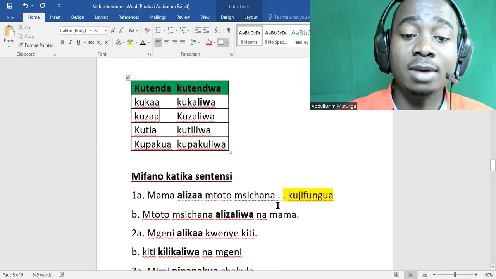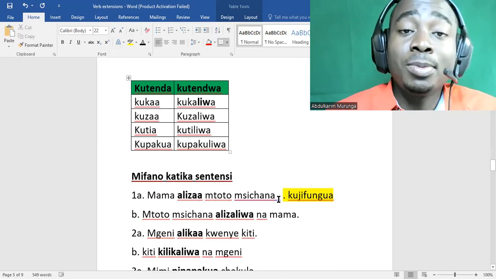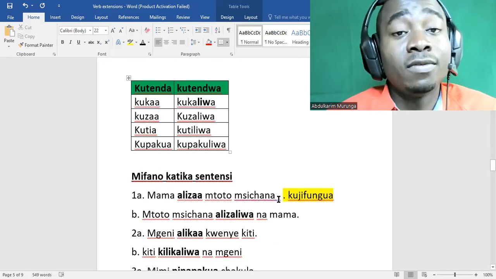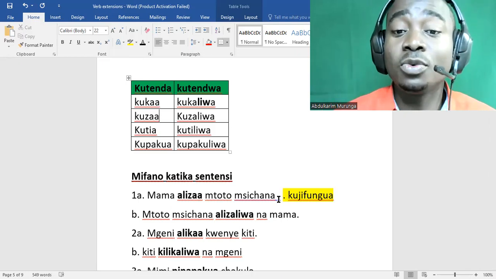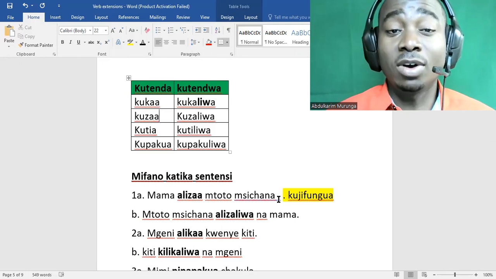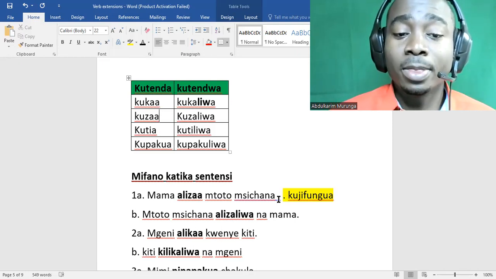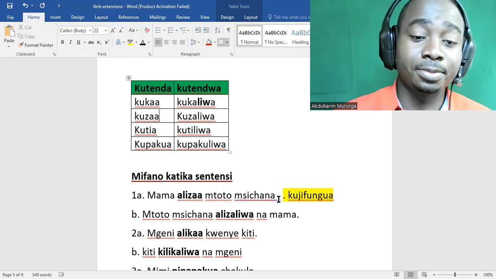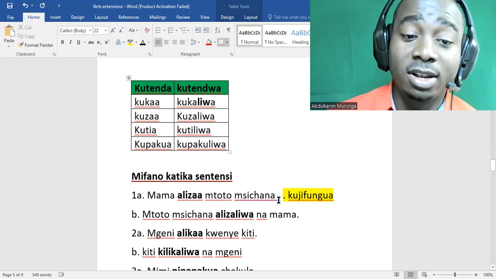Mama alizaa mtoto msichana. Most people say alizaa, but the verb kuzaa is considered impolite. So instead of saying kuzaa, we say kujifungua. Sawa? Kujifungua. So you can say mama alijifungua mtoto msichana. Mother gave birth to a baby girl.